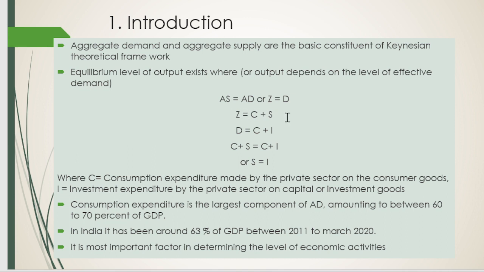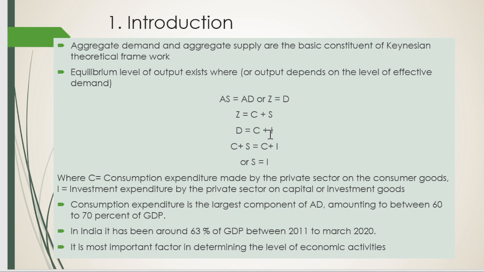As far as demand is concerned, aggregate demand or aggregate expenditure comes from the people, either on consumption goods, that is consumption expenditure, and along with that there is investment expenditure. That means aggregate demand has two components: consumption expenditure and investment expenditure.